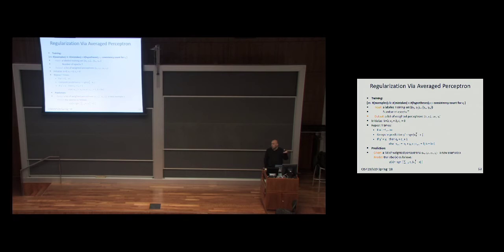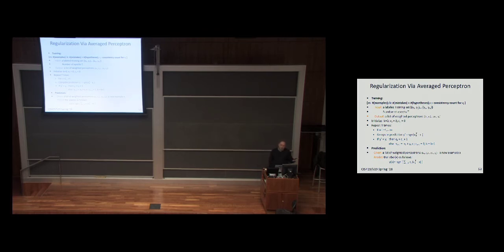Once you made a mistake, you record how many examples this hypothesis survived, because it's some measure of the quality of this hypothesis, and you put it aside, you update it, and you start running with the new hypothesis. Once you made a mistake, you record how many examples this one survived, put it aside, update it, and keep on running with the next one, and so on.